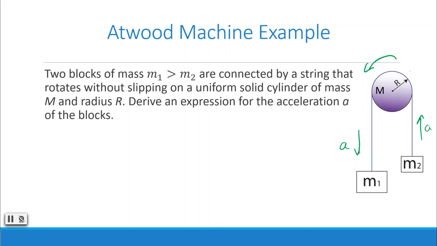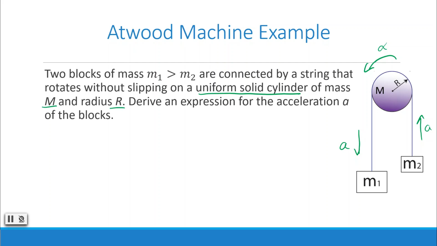Those are going to be the exact same magnitudes because they're connected by the rope. And this is going to cause an angular acceleration in our pulley. We're going to assume that our pulley is a uniform solid cylinder of mass m and radius r, and we want to find the acceleration a of the blocks.